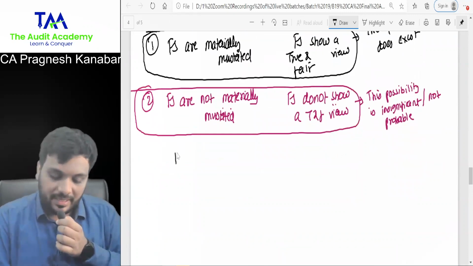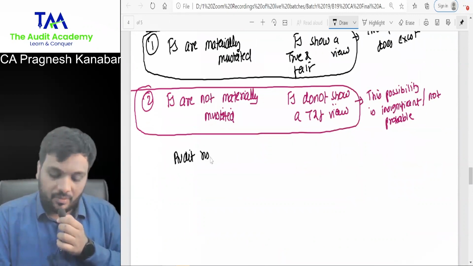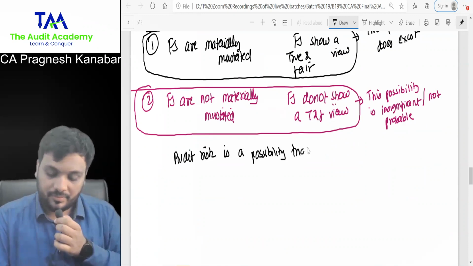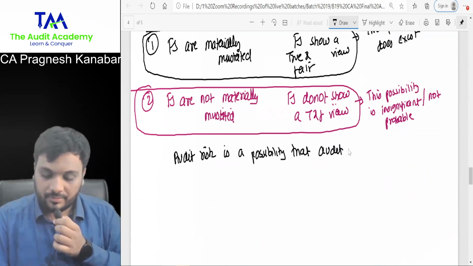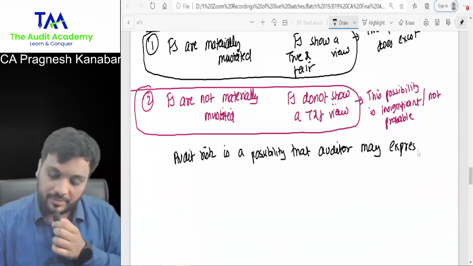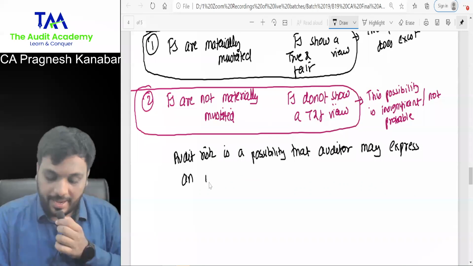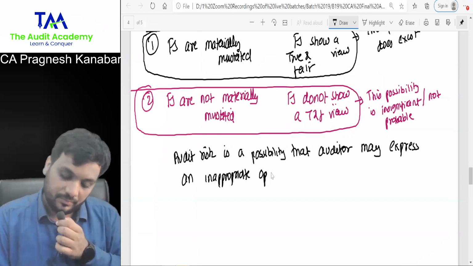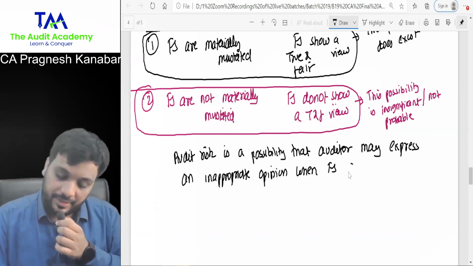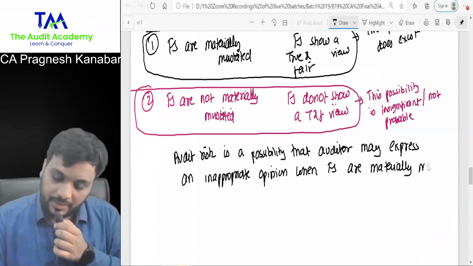That is why we say that audit risk is a possibility that auditor may express an inappropriate opinion when financial statements are materially misstated.